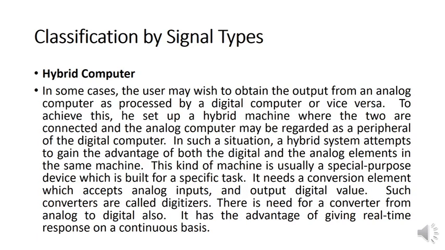It needs a conversion element which accepts analog inputs and outputs digital values, and vice versa. Such converters are called digitizers. There is a need for a converter from analog to digital also. It has the advantage of giving real response on continuous signals.